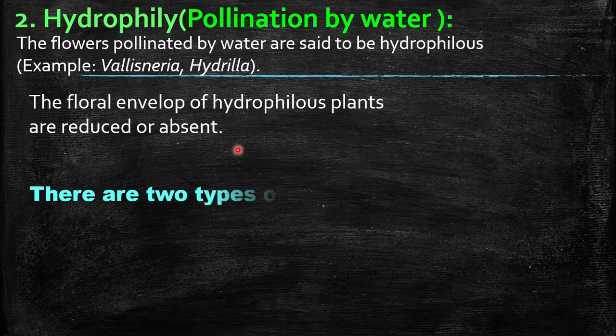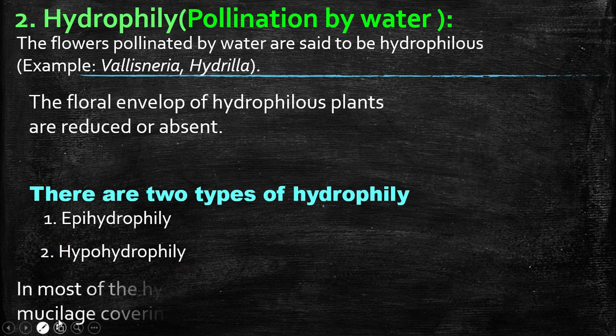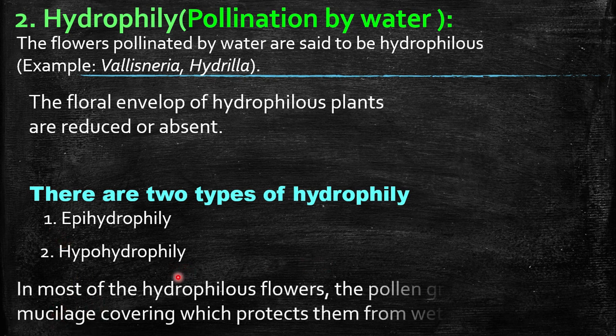There are two types of hydrophily: epihydrophily and hypohydrophily. In epihydrophily, most of the floral parts are along the water level, whereas in hypohydrophily, the floral parts are in the submerged water.